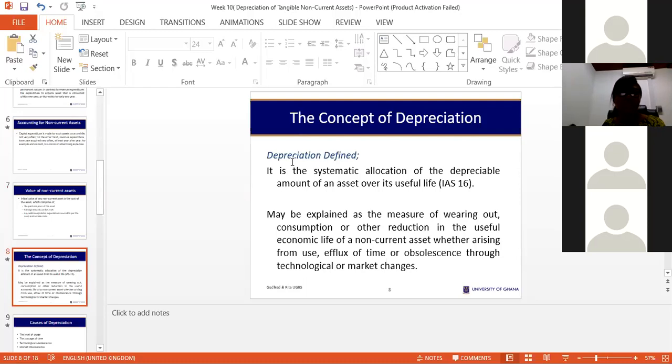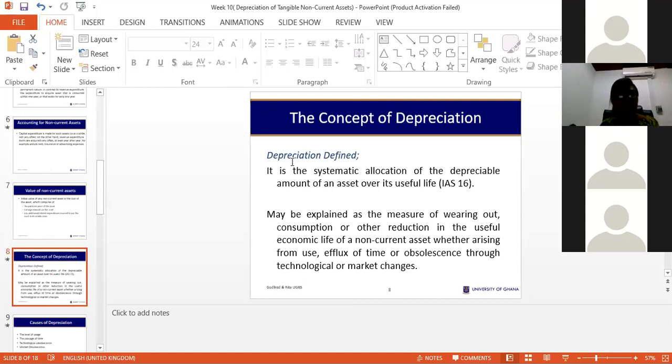What is depreciation? Okay, the standard gives us some definition. It says it is the systematic allocation of the amount of an asset. So you have acquired an asset for 100,000. You need to allocate that amount over its useful life.